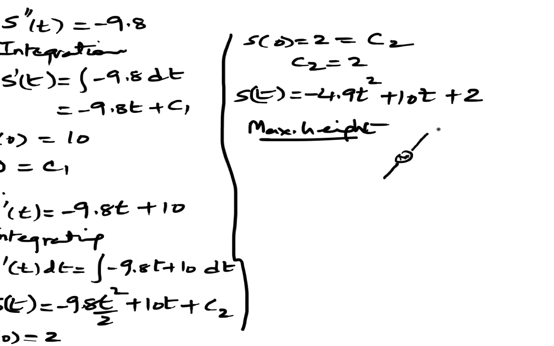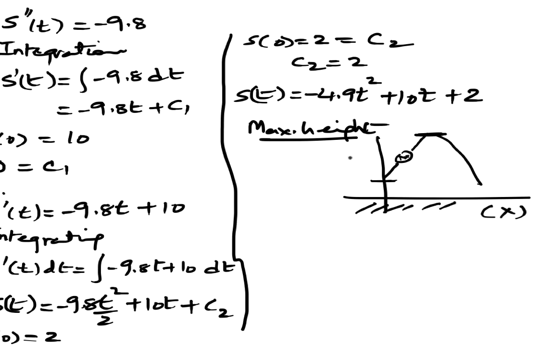So when it goes up, after a certain time, it's going to fall down. Suppose this is where the ball was thrown, and if I take the xy plane as my ground, this is 2. If I'm throwing a ball from there, it will reach a height, and after that it will fall down.